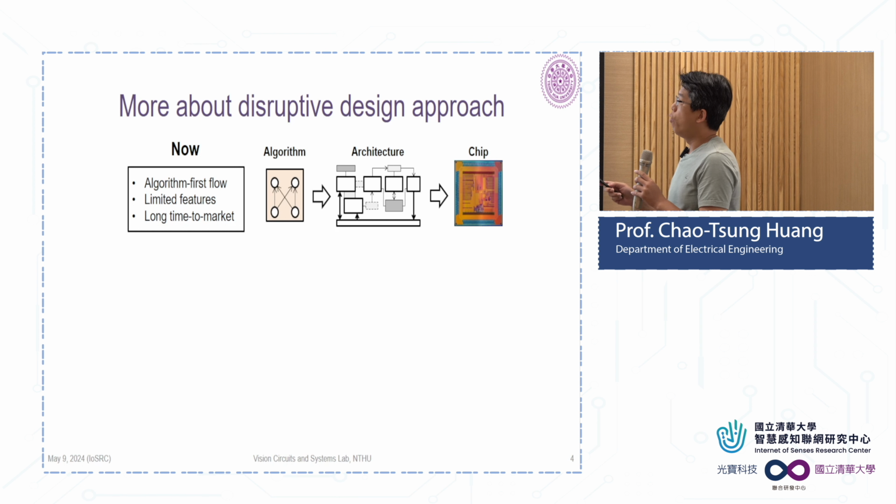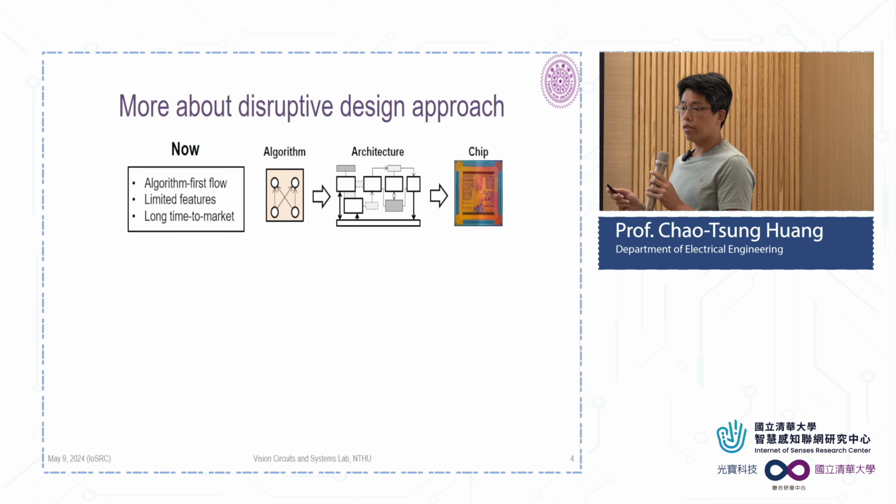And then they will form a design team to design the architecture and RTL coding. And then they will send this RTL code to the chip implementation team. In this old-fashioned design approach, we can only have limited features because these features need to be predefined before we develop the algorithms. And we also have a long time to market because the algorithm, architecture, and chip implementation form a sequential process.